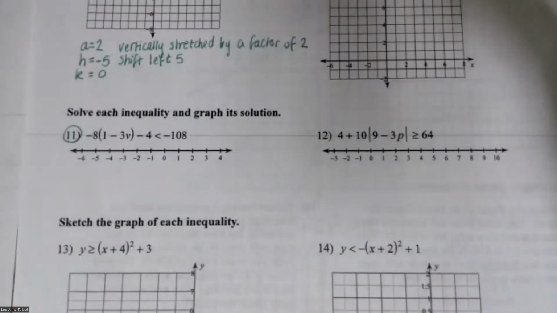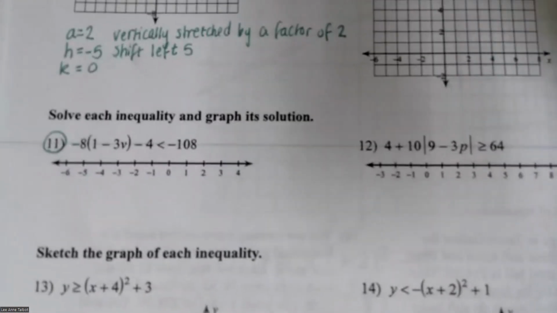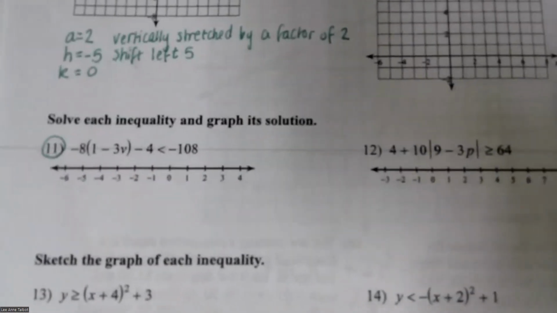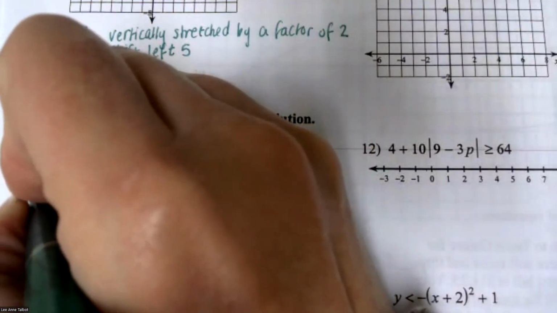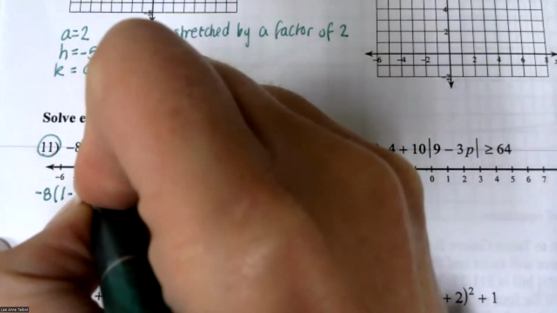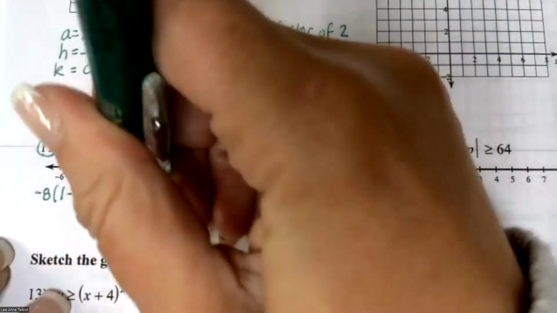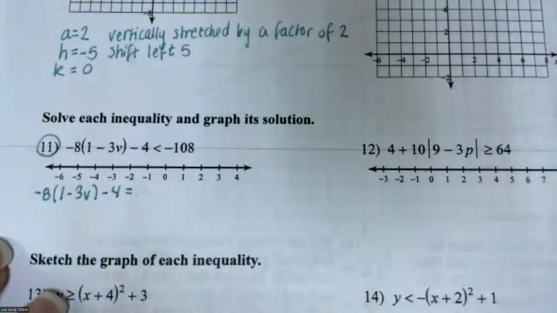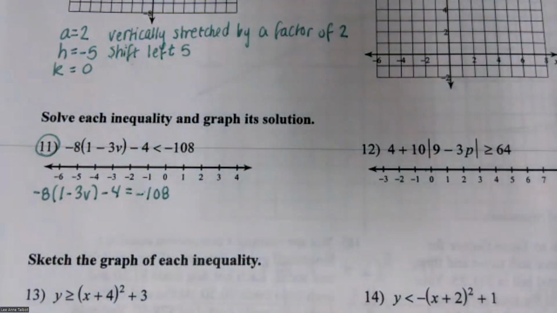My only sad thing about number 11 is there is definitely not enough room here. So we're going to play with not showing all our work. It's going to be a fun game. -8(1 - 3v) - 4 = -108.